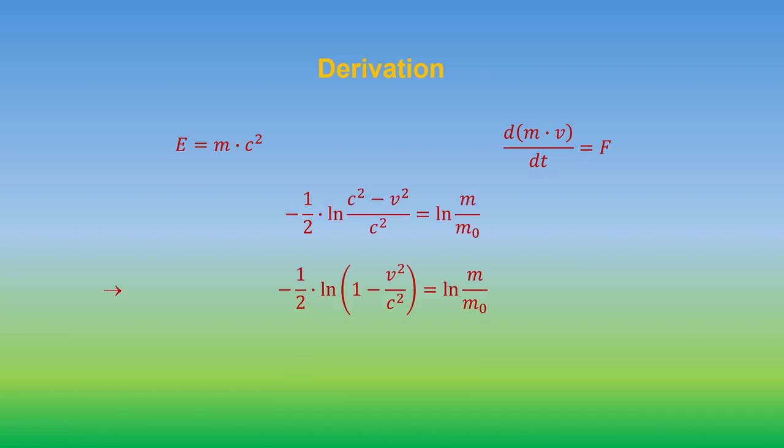Working out the fraction in the ln leads to minus 1/2 times the ln of 1 minus v squared over c squared equals the ln of m over m0. This can also be written as the ln of 1 over the square root of 1 minus v squared over c squared equals the ln of m over m0.